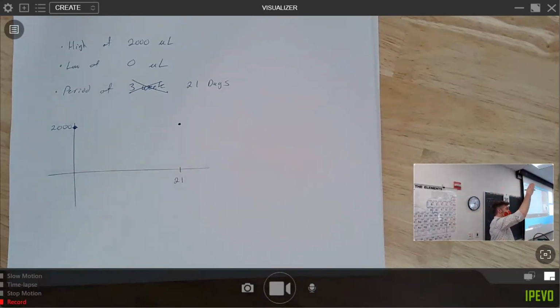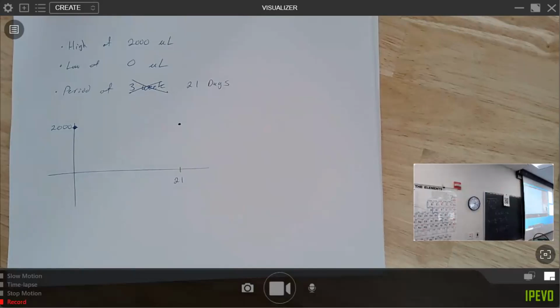It can't go up, it has to go down. And where is it going to hit the bottom? Well, the bottom value is definitely 0. They tell us it's 0, not negative, although a different one could be. But the question I'm asking is, what day are we hitting that 0? 10.5. It's the middle of the highs. If you've got a sinusoidal function, the lows and the highs each occur half of the period apart from each other.